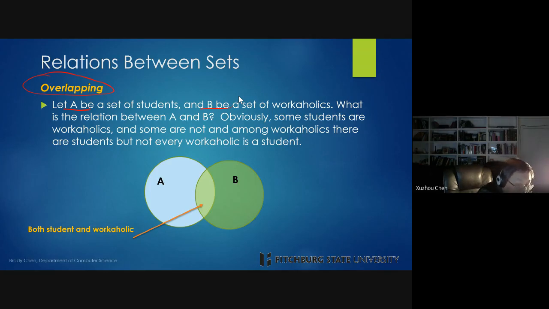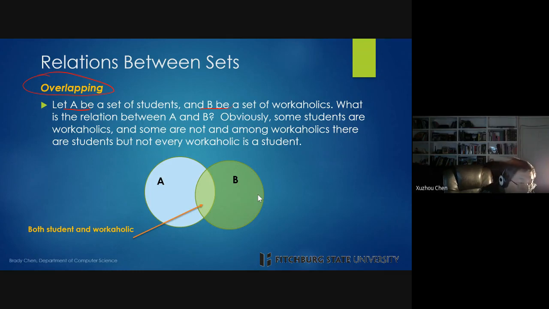To find the relationship between these two sets, A and B, we need to find out how many students in set A are also in set B. Or in another way, we can think about set B, the set of all workaholics, and how many workaholics are also students. So these are basically the same question, but from a different perspective.